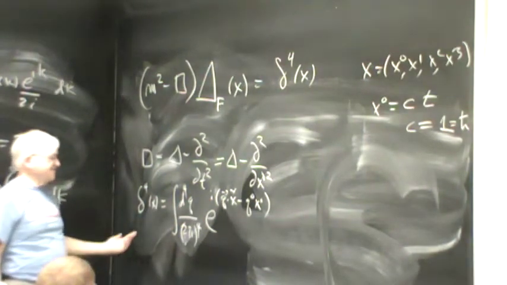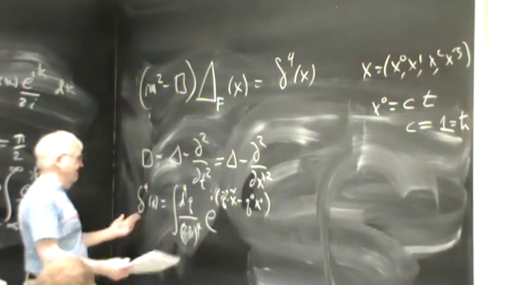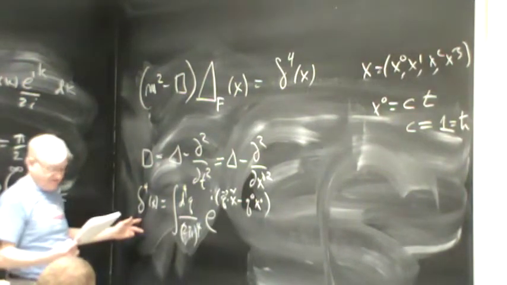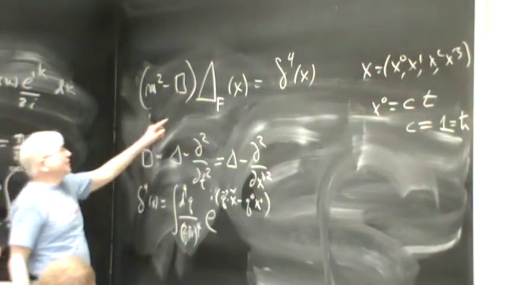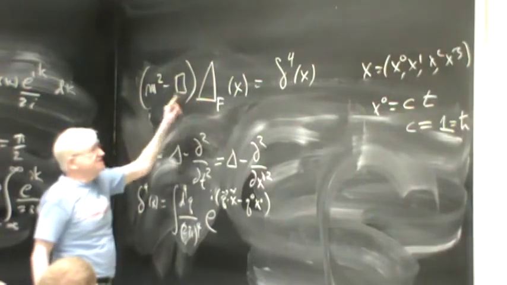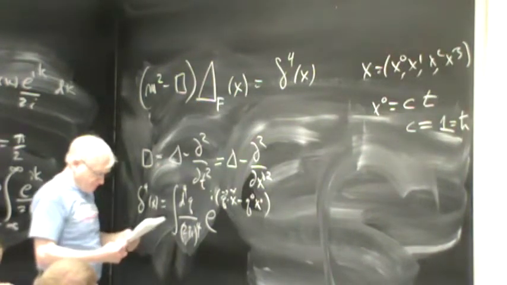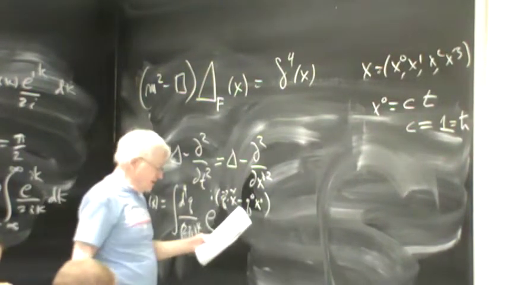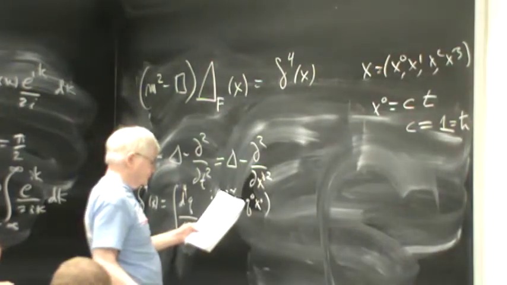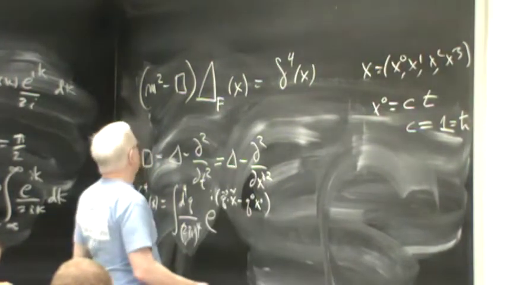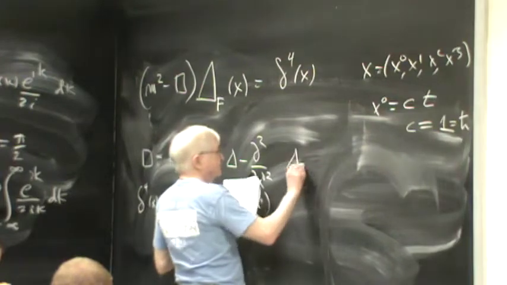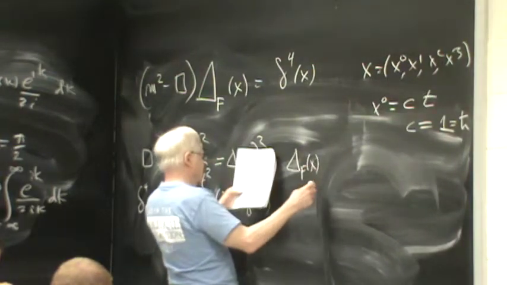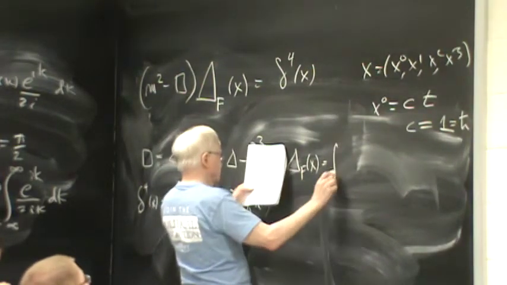So this form itself automatically gives you delta fourth of x. So then the question is, what do you need for this equation to be true? And clearly what you need is for delta F, F stands for Feynman, of course, is integral.